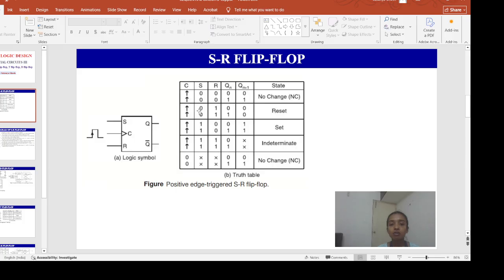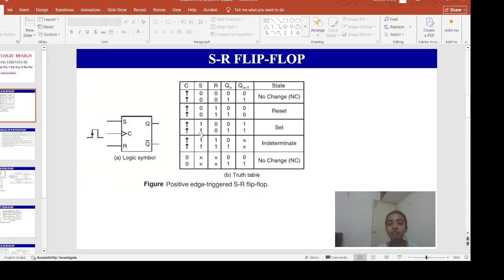Now when S is 0 and R is 1, the next state, Qn+1, will follow S. Even if the present state is 0 or 1, the output will simply follow S.